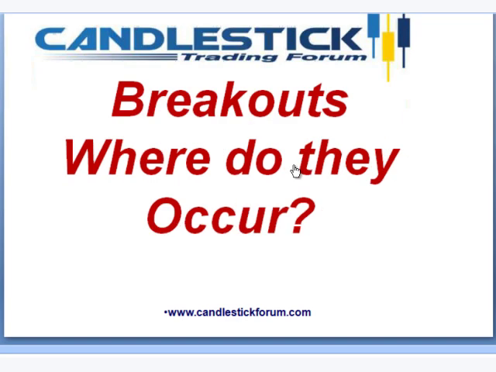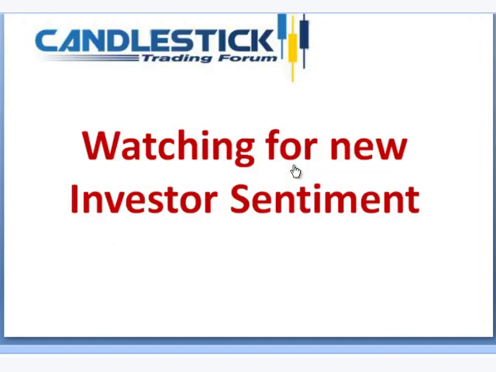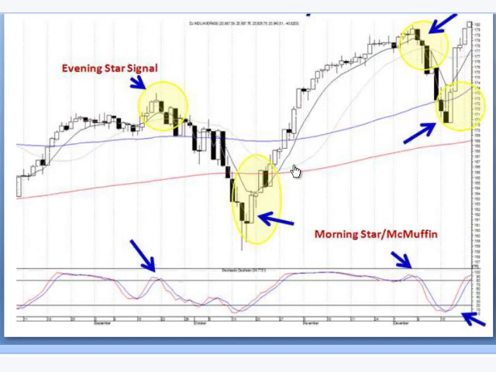So the rhetorical question, where do breakouts occur? We've got a major advantage by watching for new investor sentiment. Obviously, if we're doing a market analysis or trend analysis, we've got very simple parameters for telling us when a reversal is occurring.